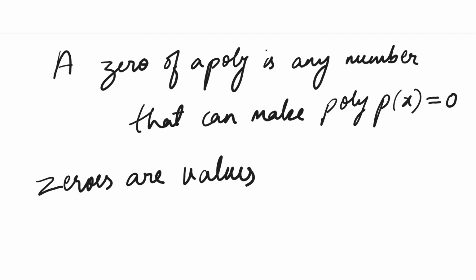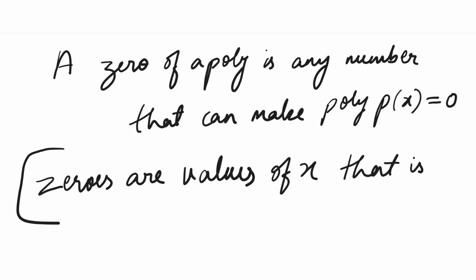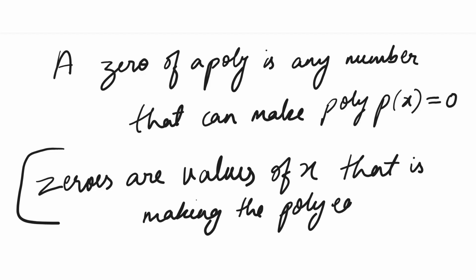To understand it in the simplest form, you can just remember that zeros are values of x that make the polynomial equal to 0. So we should consider a few examples and see how this works out.